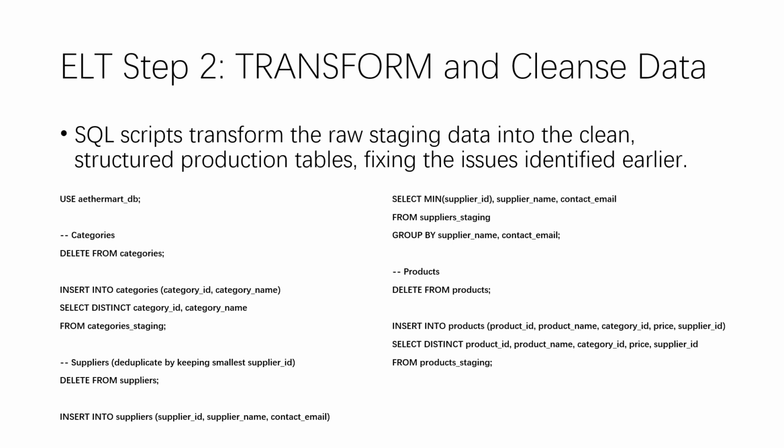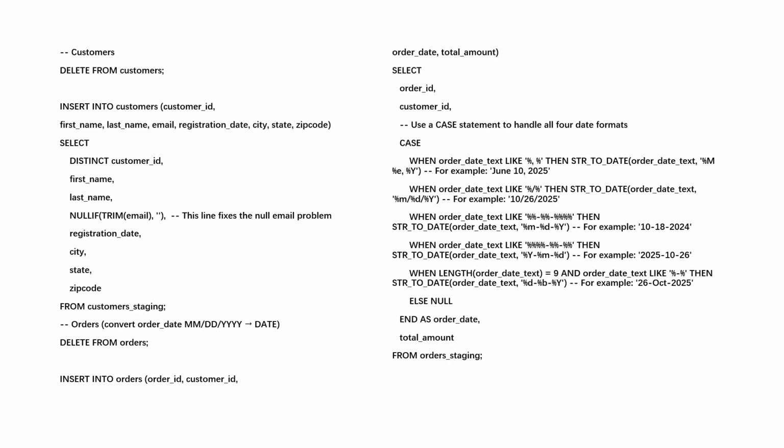SQL code for data transformation is shown here. For duplicated records in the suppliers table, I only keep 1 record. Blank customer emails are turned into null values to pass the unique check in the schema. Date formats are corrected by screening over multiple possible format types.